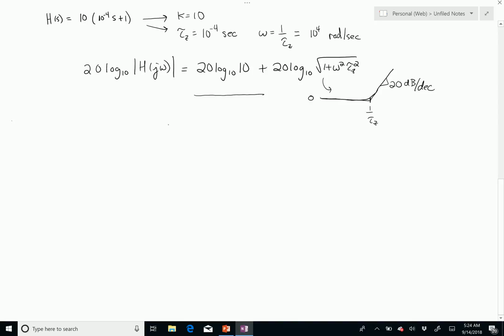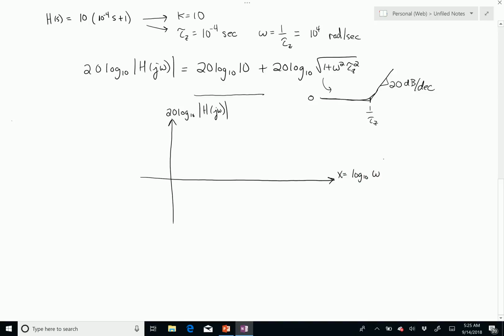Now let's try to sketch this. Here's 20 log 10 of the magnitude of H(j omega), and then let's draw in our x-axis, where x equals log 10 of omega.